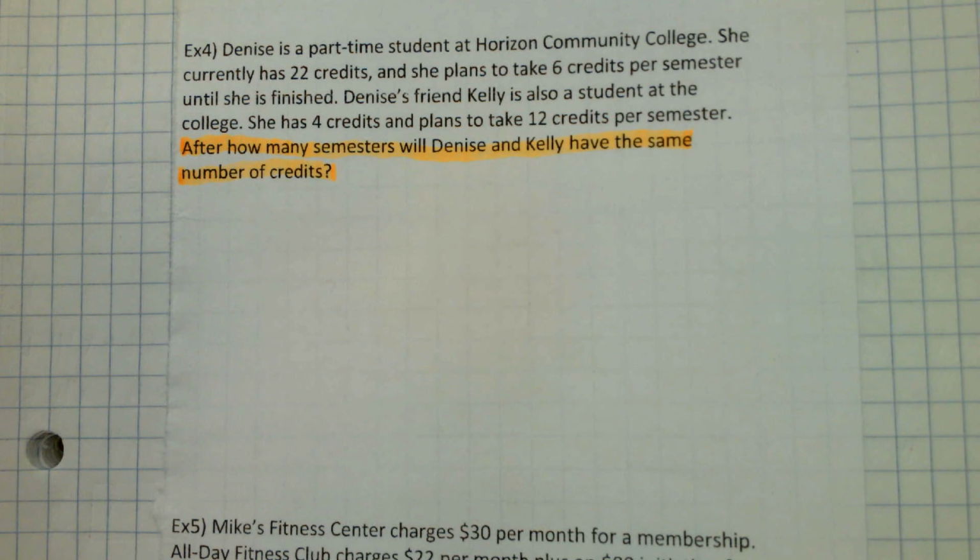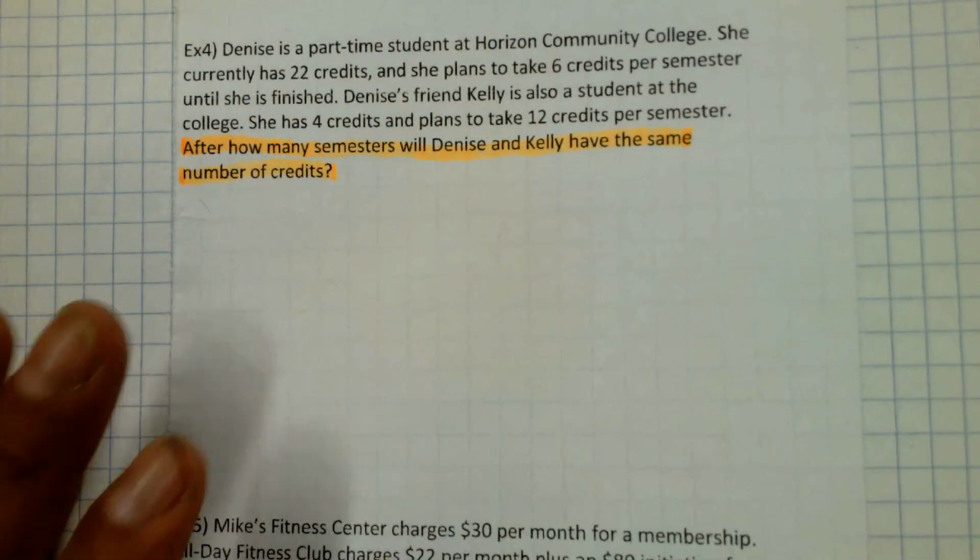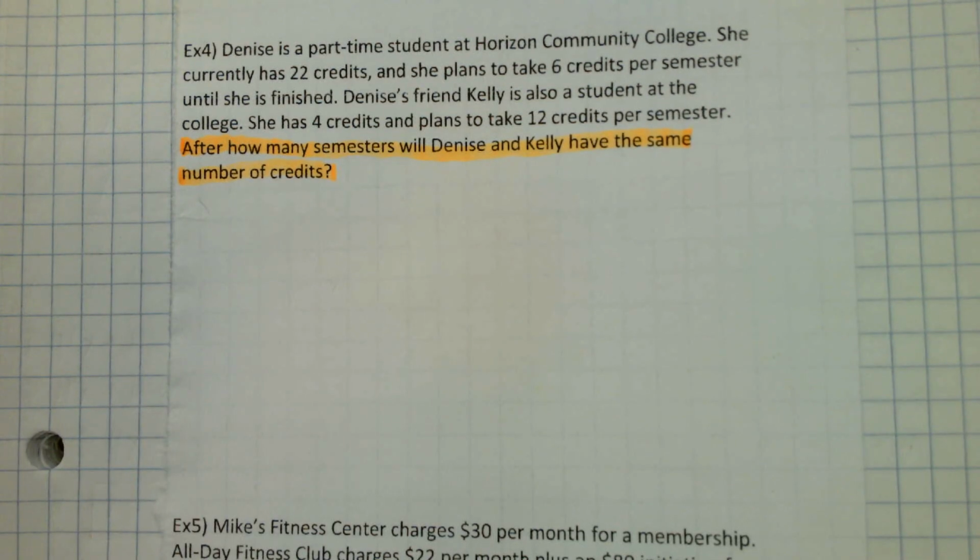Normally, to be descriptive, I would pick S for the number of semesters because that's what they're asking. But my S's look like fives. So I'm just going to use X. You can always use X as your variable. Pen ran out there. So X equals, let's say, number of semesters.